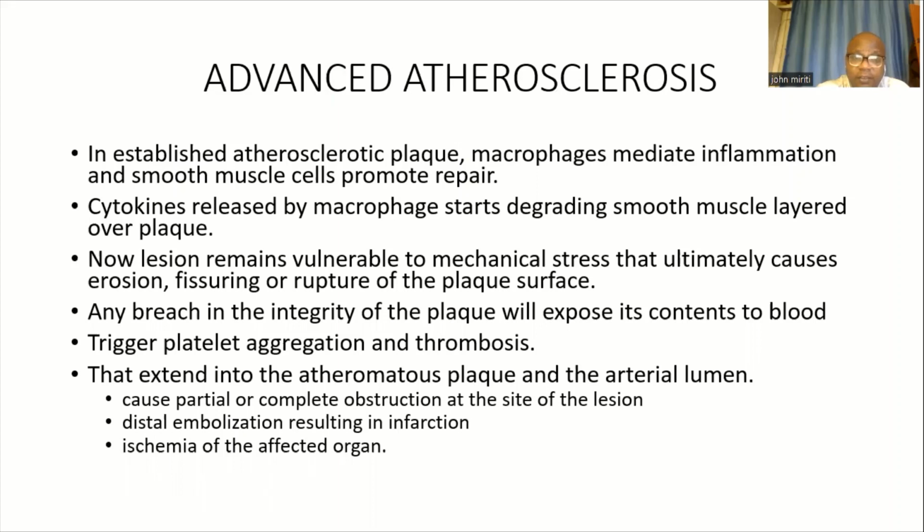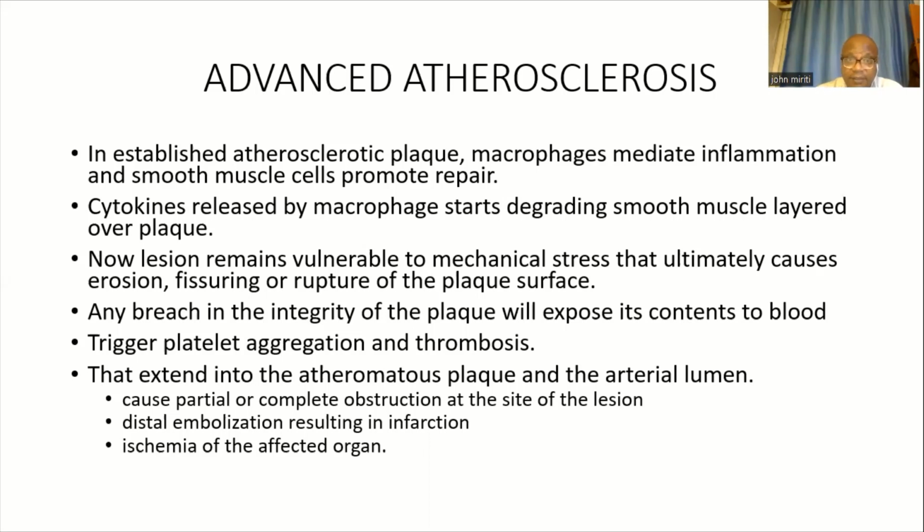So now the lesion remains vulnerable to mechanical stress that causes erosion, fissuring, or rupture of the plaque surface. Any breach in the integrity of the plaque will expose its content to the blood. This is what leads to embolism. So this will trigger platelet aggregation by what is called the platelet activating factor, and there is robust thrombus formation.